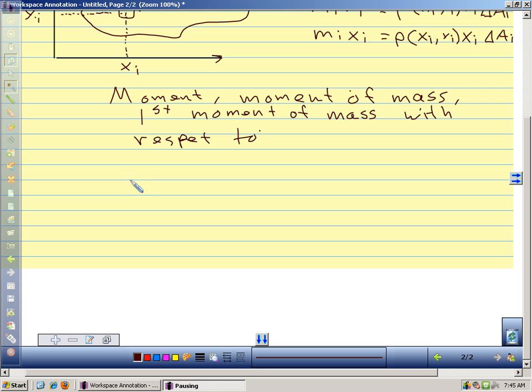So with respect to the x-axis is m sub x, and that's a double integral over our region of our density function times y times dA.